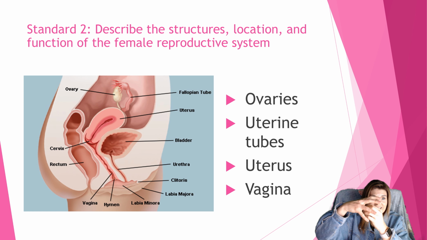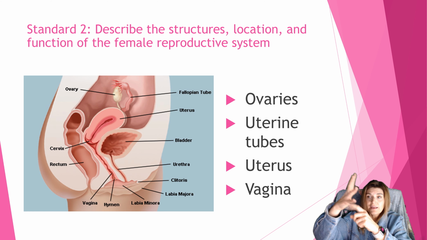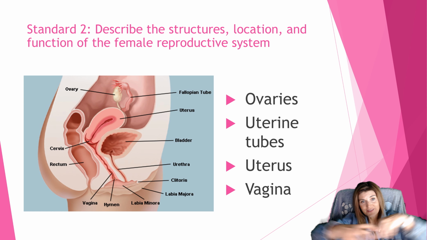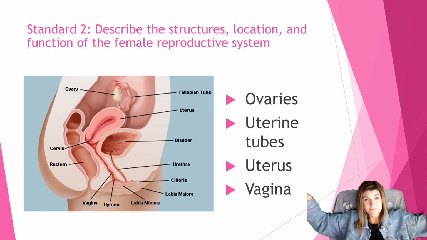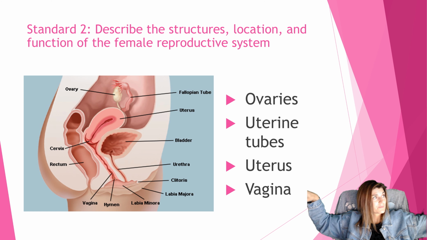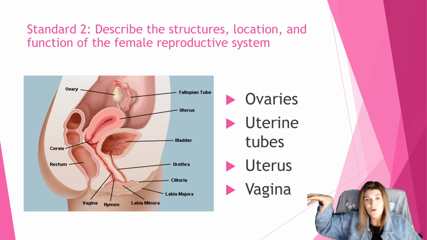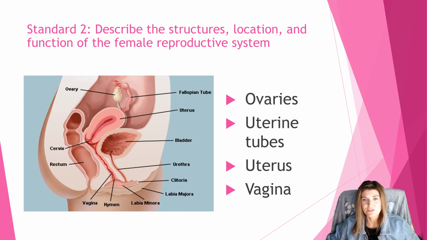It's not actually all the way attached, but it's going to be around it, and the egg will be released into the uterine tube. So in this scenario, I'm the uterus and my arms are the uterine tubes. And then maybe my fingers are those projections on the end of the uterine tubes that surround the ovary. You're welcome for that little visual.